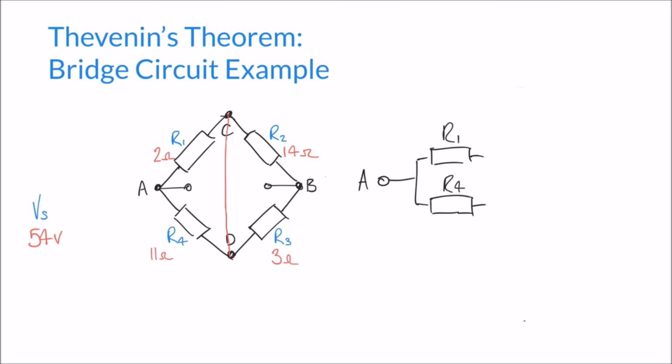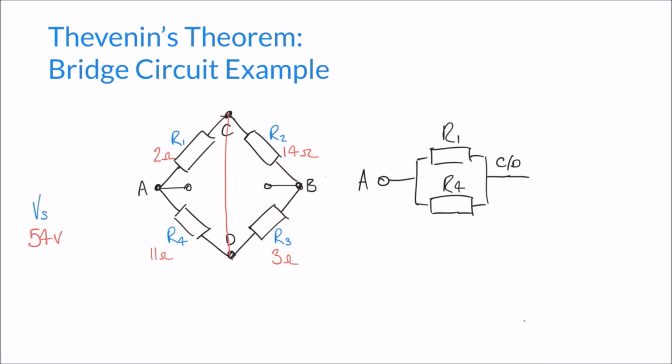So what we can do is represent this on our diagram by drawing our two resistors R1 and R4 joining together. So this point here, we could call it C or D, C/D. We've got our two points joined. From that common join between C and D, we can then go through either R2 or R3.